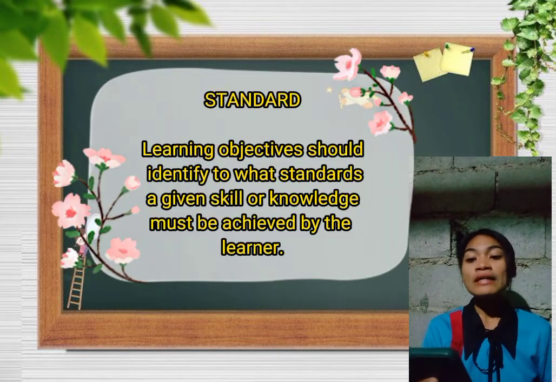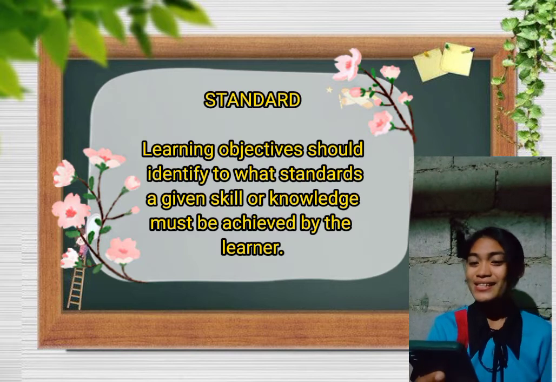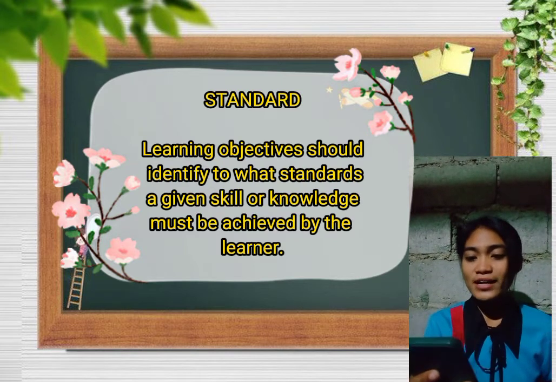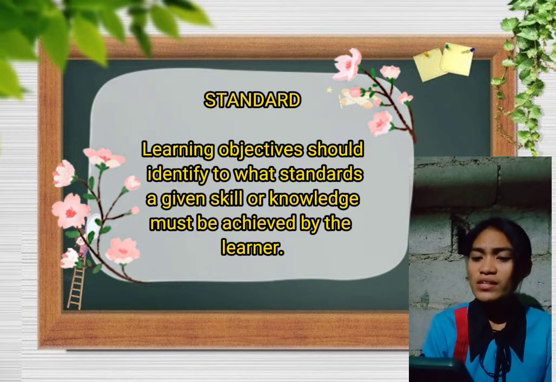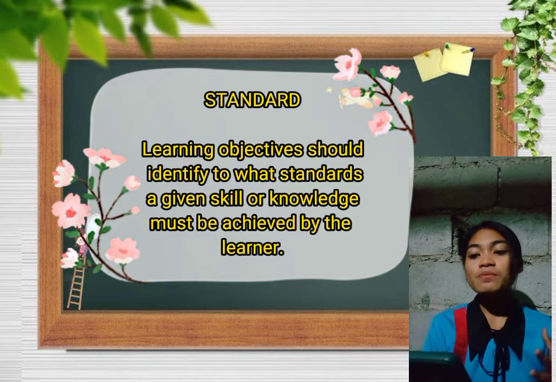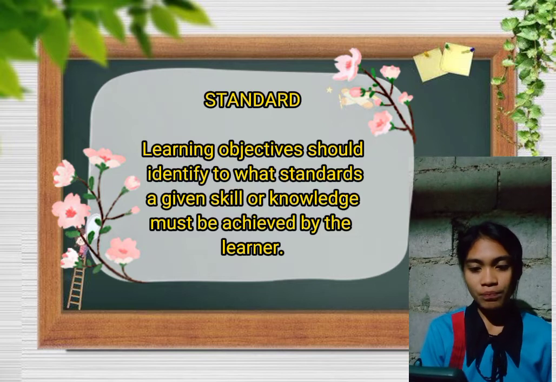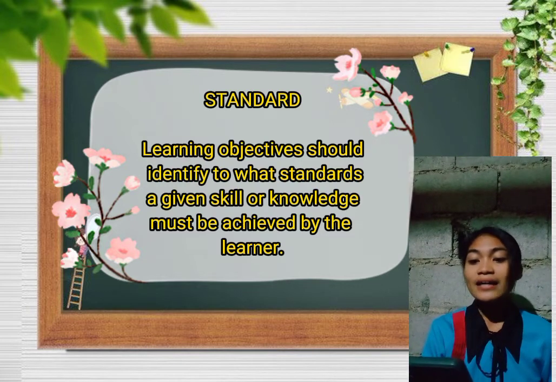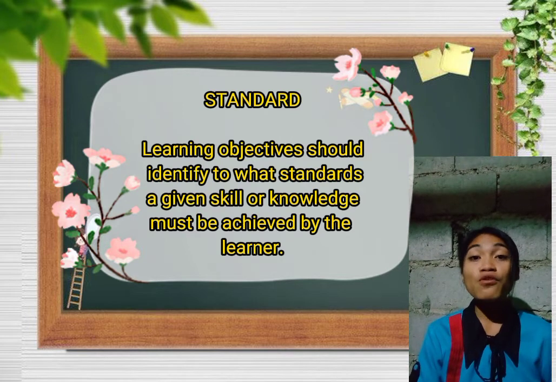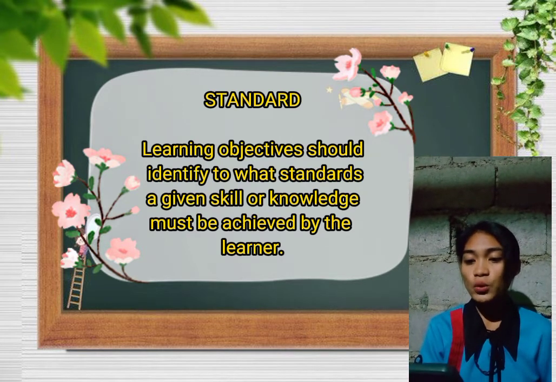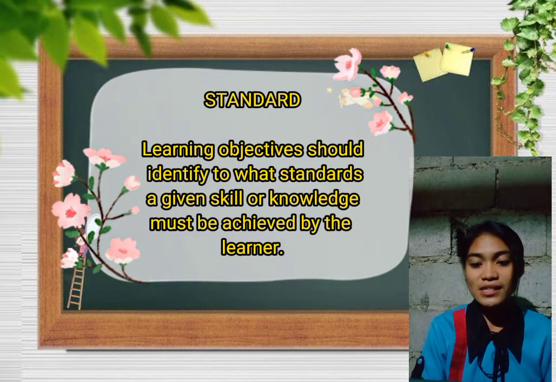Next is the standard. So what is standard? Learning objectives should identify to what standards a given skill or knowledge must be achieved by the learner. In other words, the standard used in objectives gives the proficiency which the training will elicit in the learners.